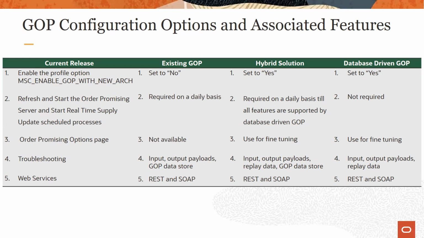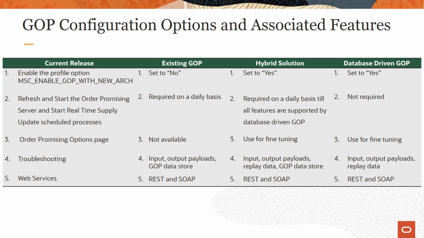The order promising options page would be available to fine-tune the parameters of the database-centric architecture-based solution. In order to troubleshoot, you would need to provide the input-output payloads, the GOP data store, as well as the replay data for the support and development team to analyze and provide a root cause analysis to any troubleshooting related questions.